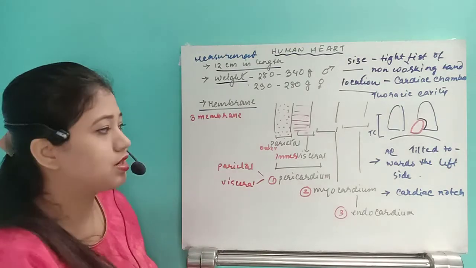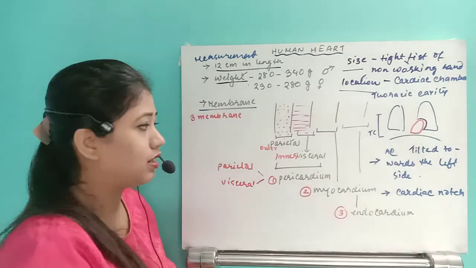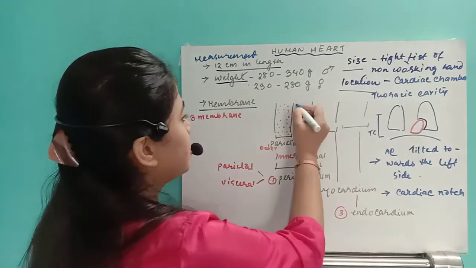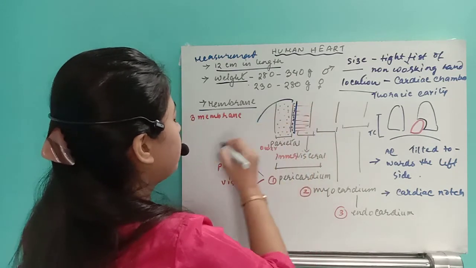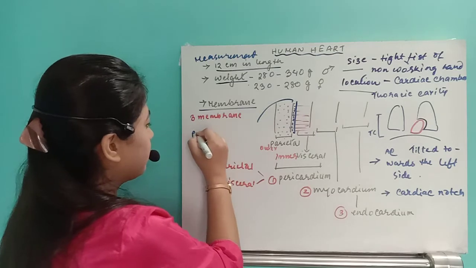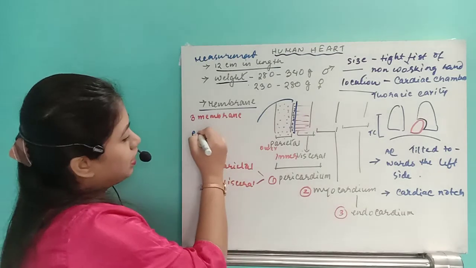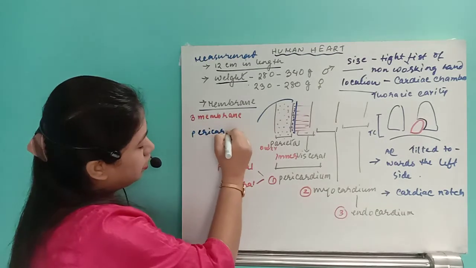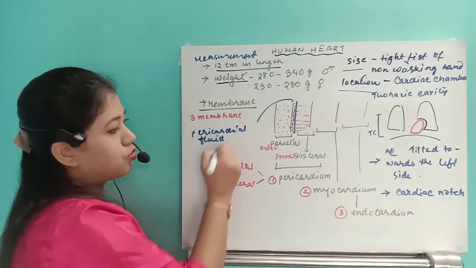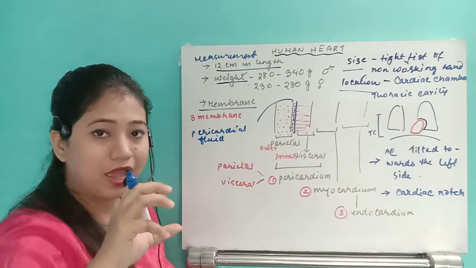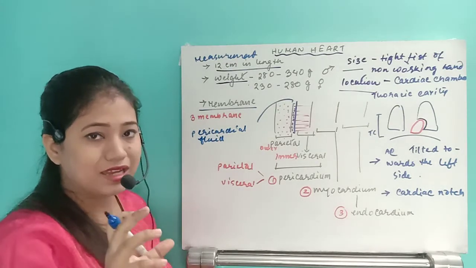And in between the parietal and the visceral pericardium, there is a space present, and in that space we have a liquid. So what is that? This is called the pericardial fluid. It is present so that whenever the heart pumps, it can increase and decrease its size a little.